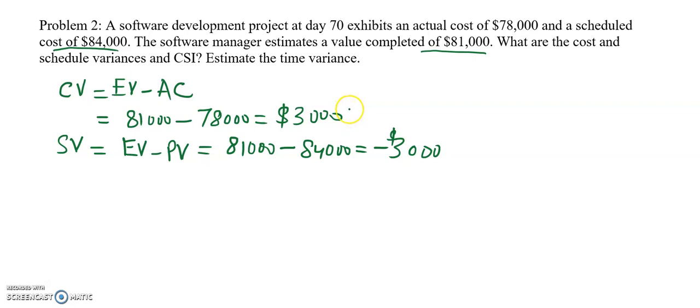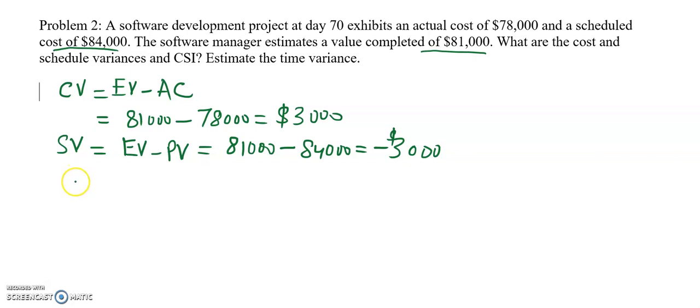It means that the project is doing good in terms of budget, but in terms of the schedule, the project is behind, because more spending was needed than what was actually spent. From this we can also find the indexes.